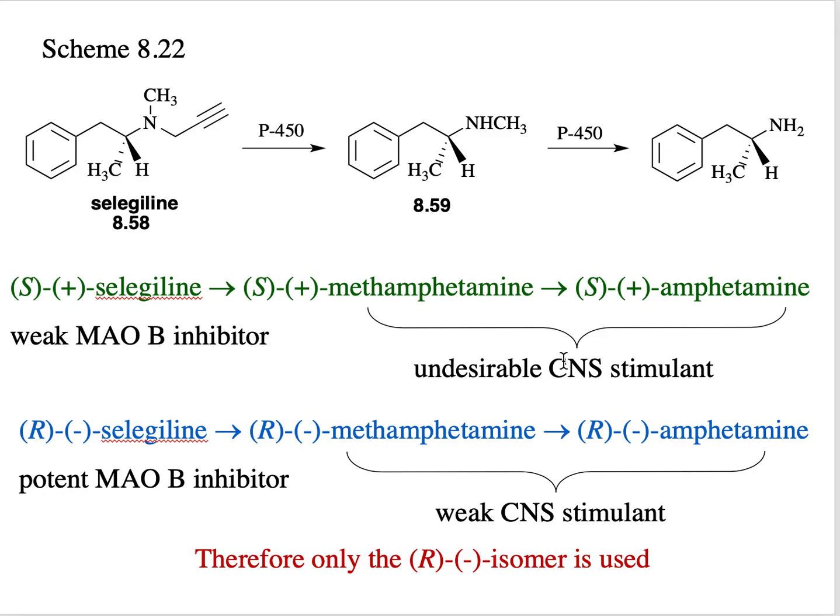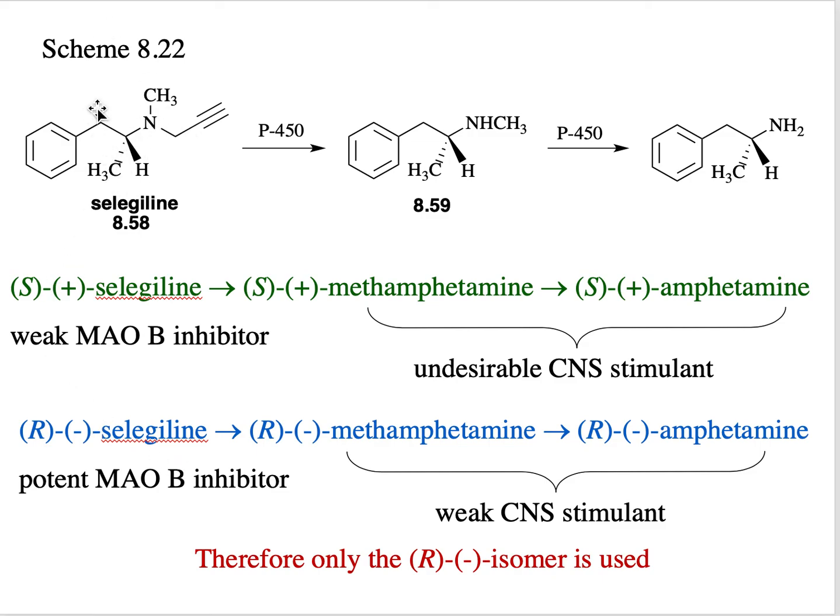And when it's broken down, it's turned into the S form of amphetamine and methamphetamine. The S enantiomer of the amphetamine is the stronger stimulant, the one that has the drug effects.